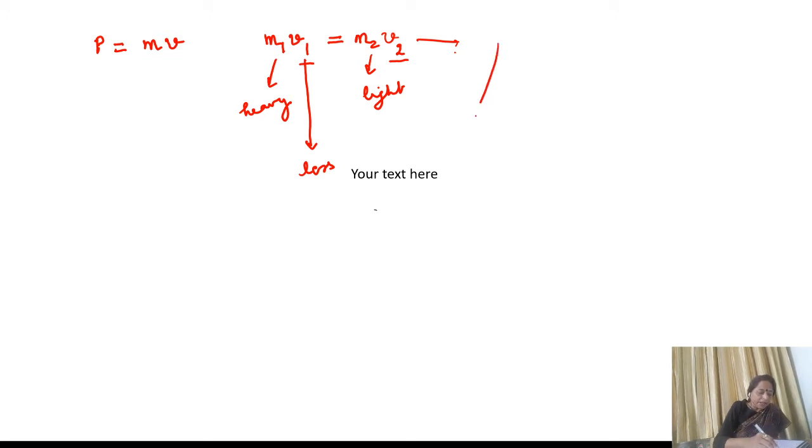Similarly, there is a concept of change in momentum.